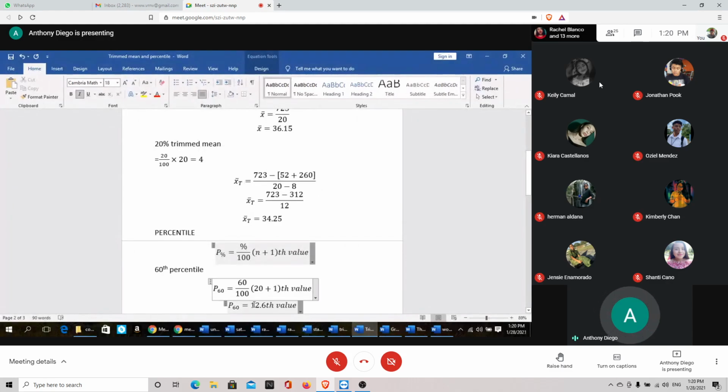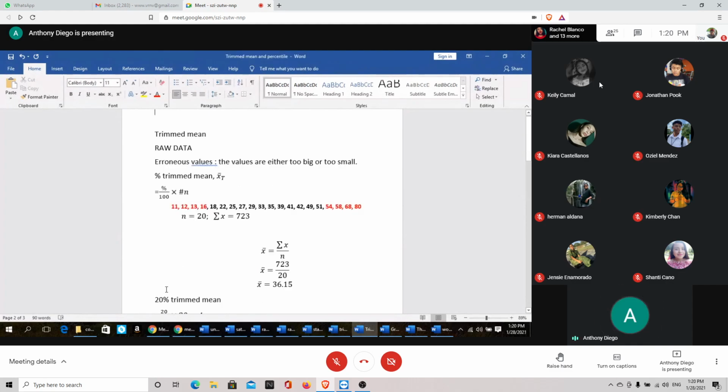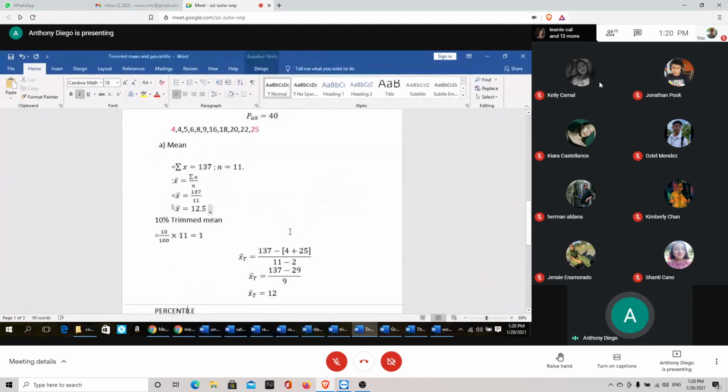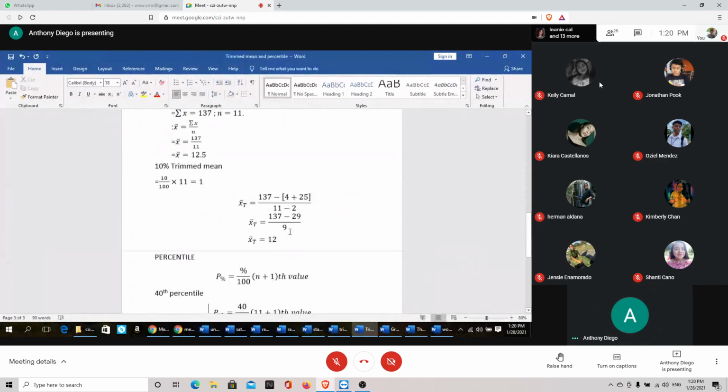So we go here, we take the 12th: 1, 2, 3, 4, 5, 6, 7, 8, 9, 10, 11, 12, and the other value after that, 41. So 39 plus 41, and we divide that by 2. And then that will give you our 60th percentile.